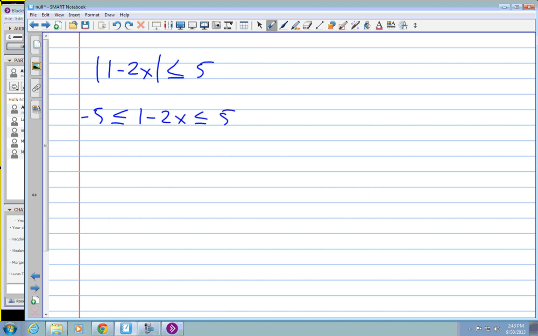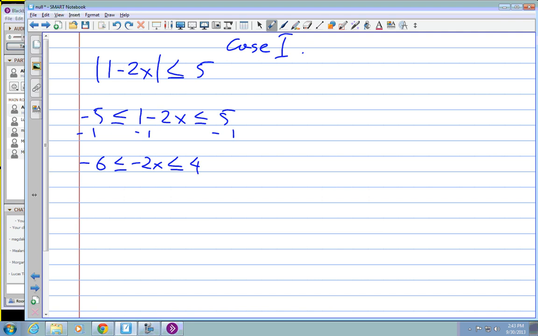So that was case 1. So we kind of get 1 inequality. Well, now solve for x. What do we do? -1 all the way across. That gives us -6 less than or equal to -2x less than or equal to 4.